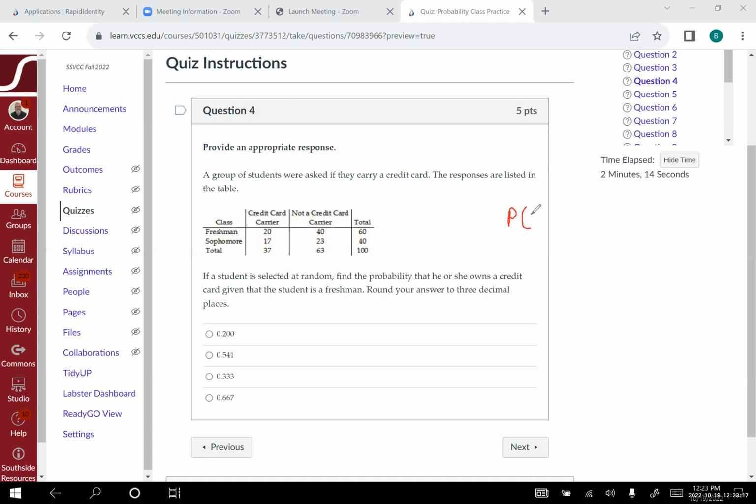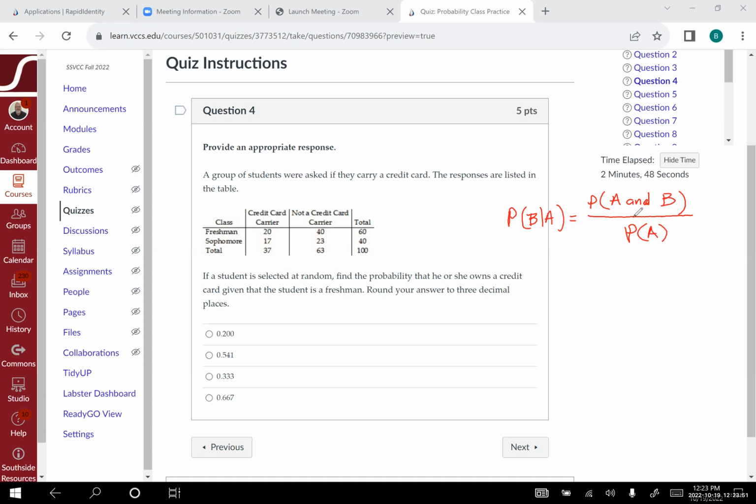The probability of B given A has occurred is the probability of A and B both happening, divided by the probability of A occurring. So that will keep me straight.